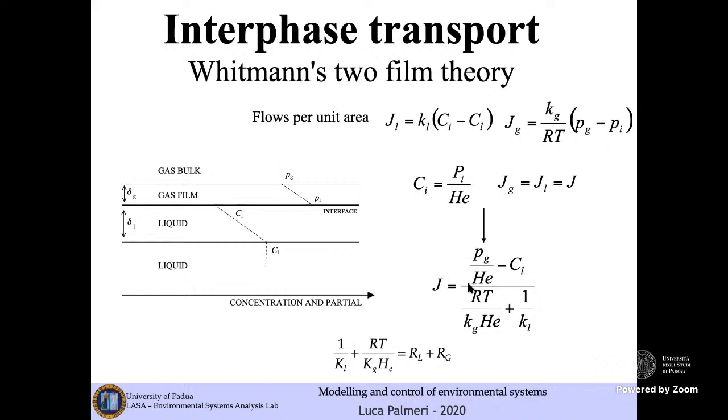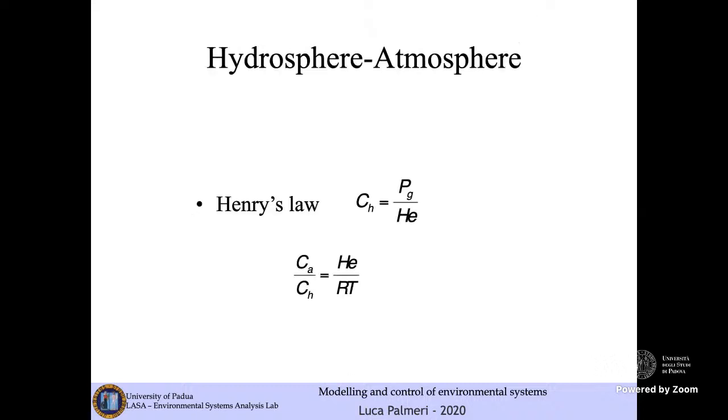Then we may simply explicitate this J by employing this definition, and we obtain that the flow is equal to the difference between the partial pressure in the gaseous phase divided by the Henry constant minus the concentration in the liquid phase. This is a kind of driving force or potential difference, a force that is pushing the transfer between the two phases.